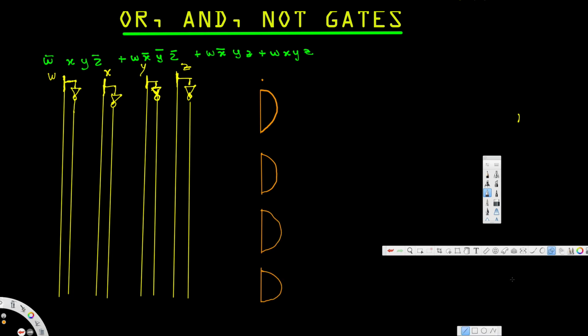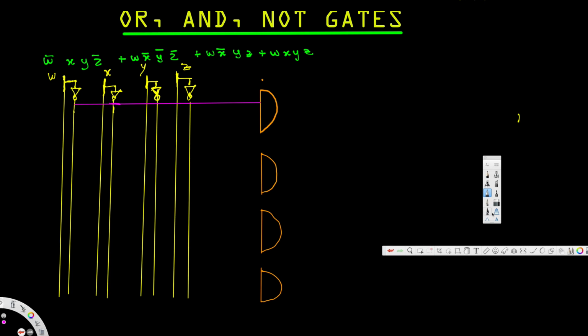Okay, let's look at the first one. In the first one we have w bar. W bar means this is starting from this NOT gate. So we have to have a line going from here to here. Then x. It's always better to keep this one separate. So let's put this one on top like this, and let's go ahead and connect this one.